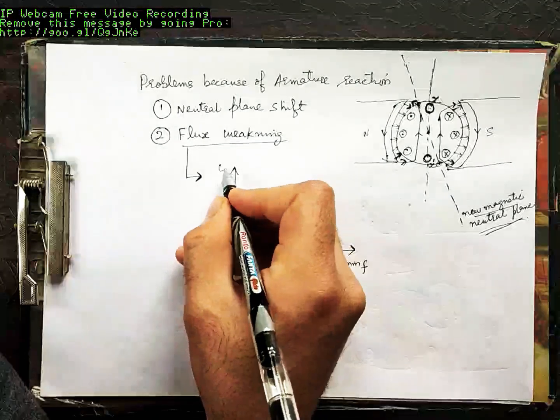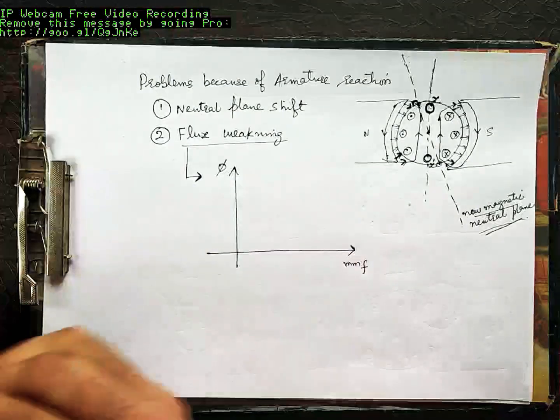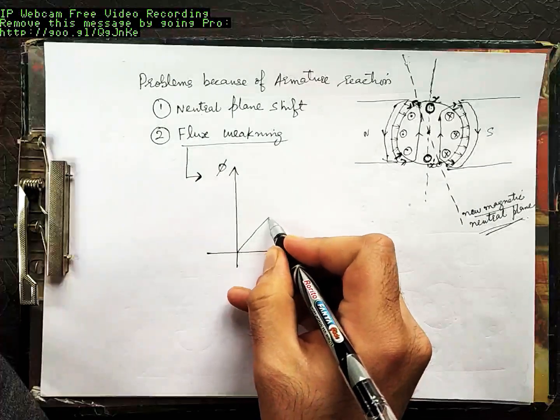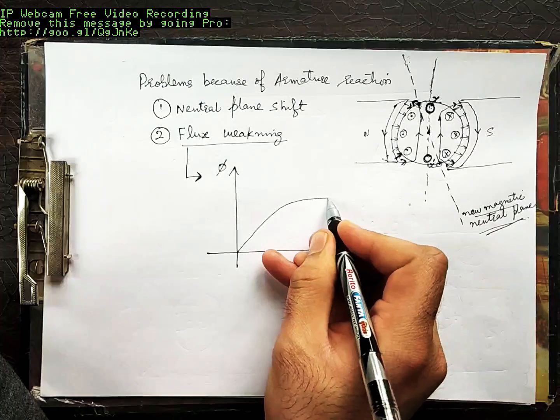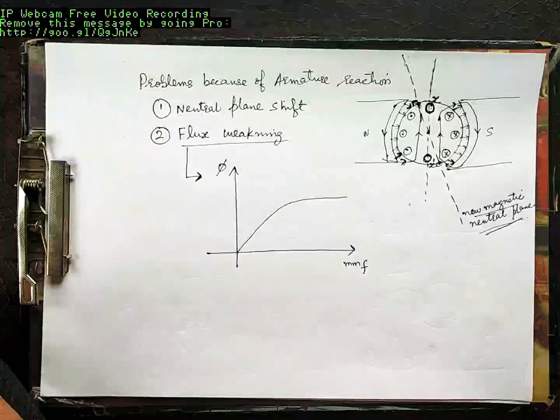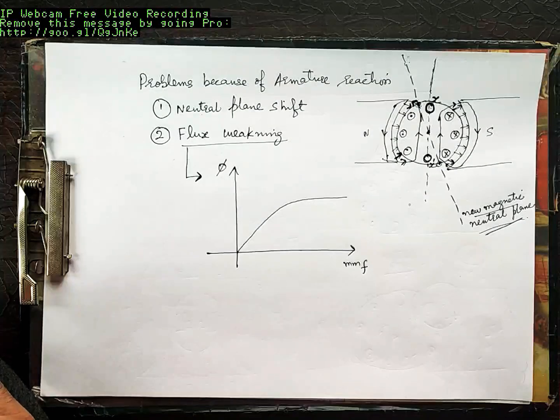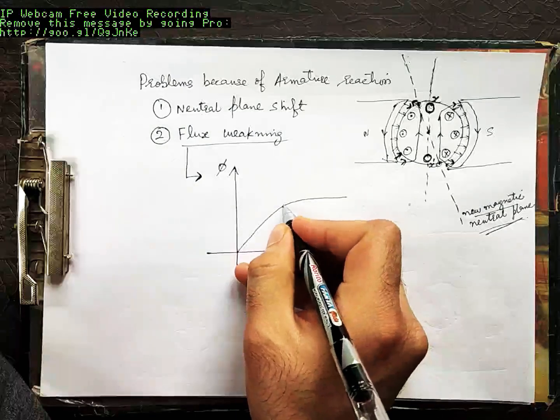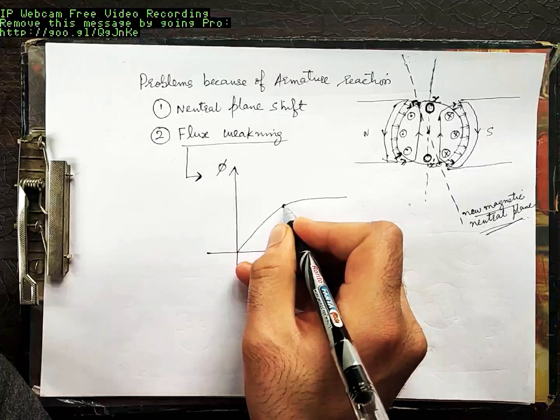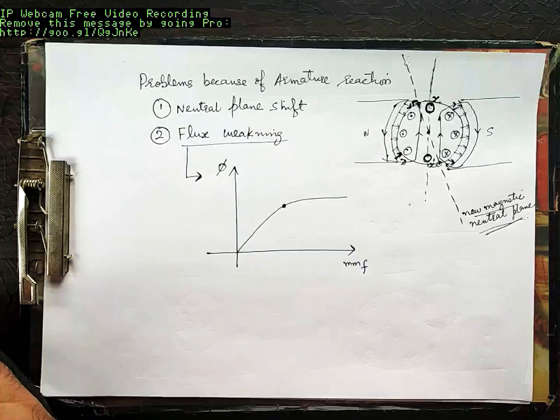This is flux phi. This is the magnetization curve. Linear region, knee, and then saturation. Where do we operate our machines? We operate them near the knee point. Why? Reasons are already known to you from our earlier discussions.